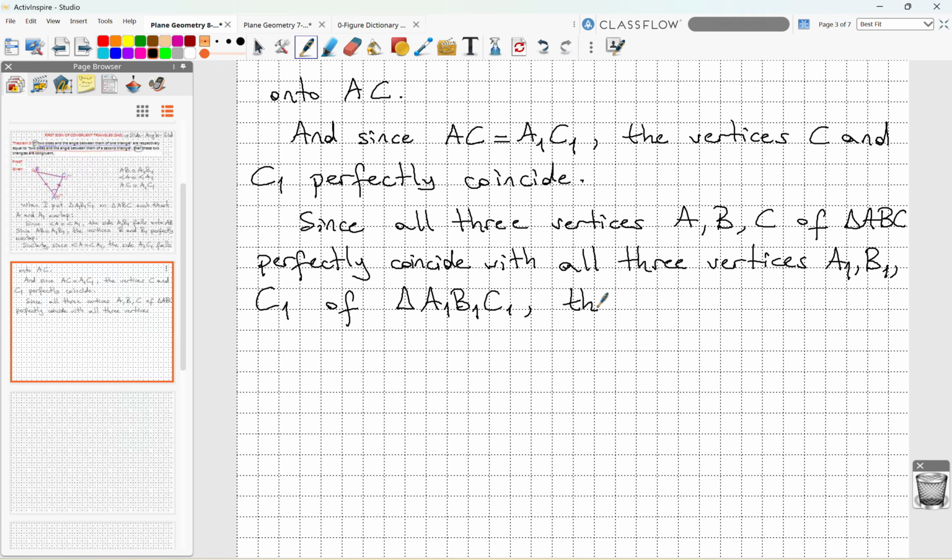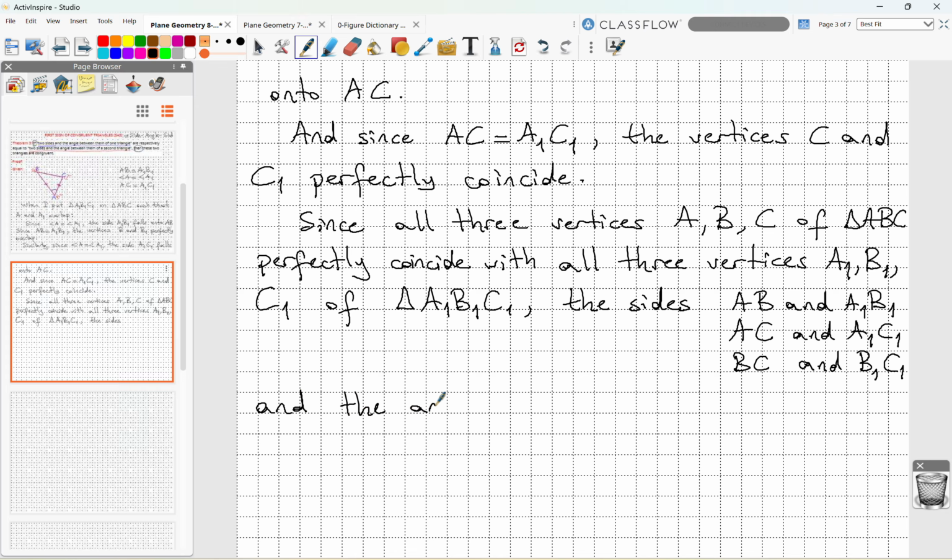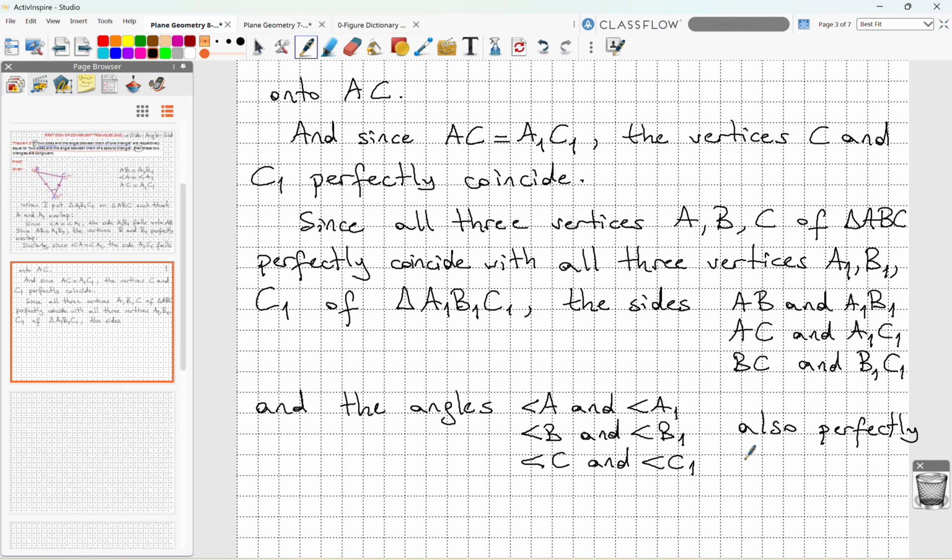The sides AB and A1B1, AC and A1C1, BC and B1C1, and the angles A and A1, the angles B and B1, the angles C and C1 also perfectly overlap or coincide.